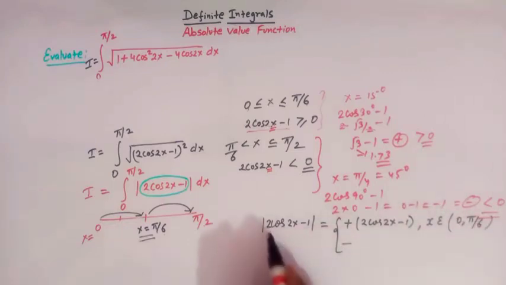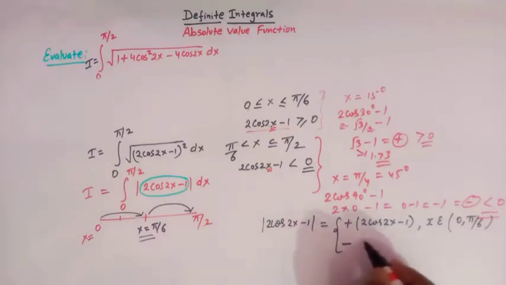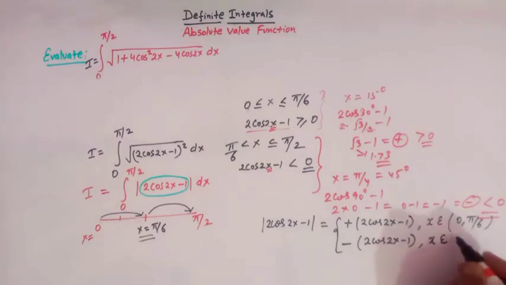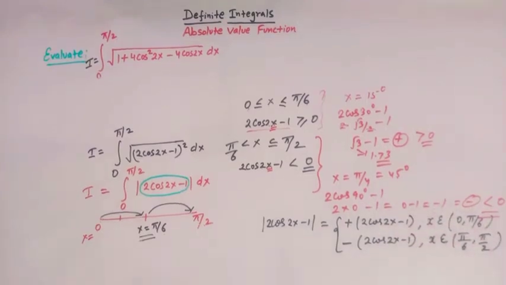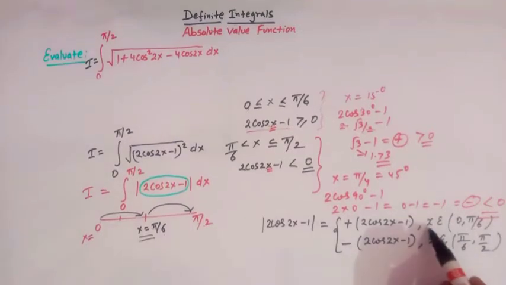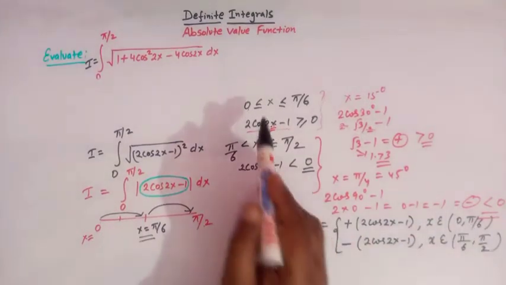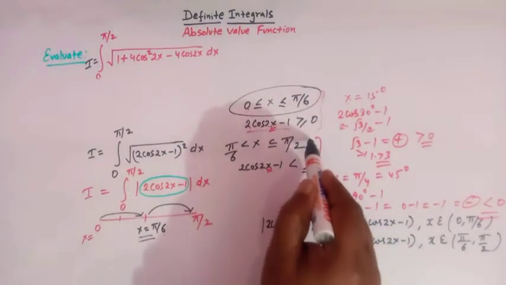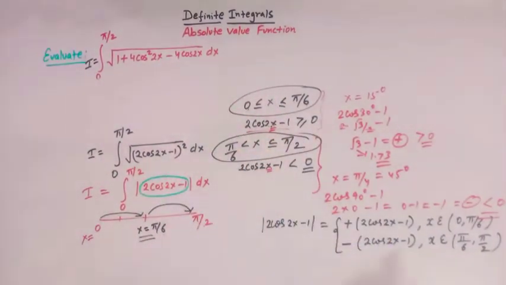And this mod of 2 cos 2x minus 1 is equal to negative of 2 cos 2x minus 1 whenever x belongs to this interval, that is pi by 6 to pi by 2, right? So this interval can also be expressed like this, and this interval can also be written like this, right?